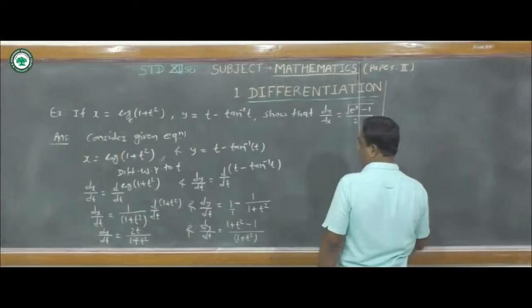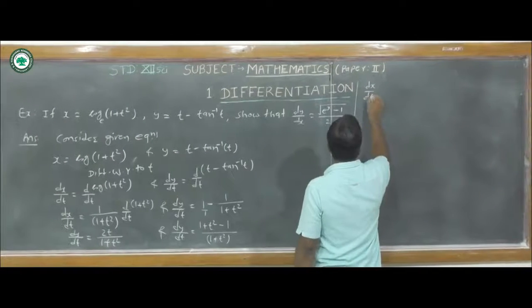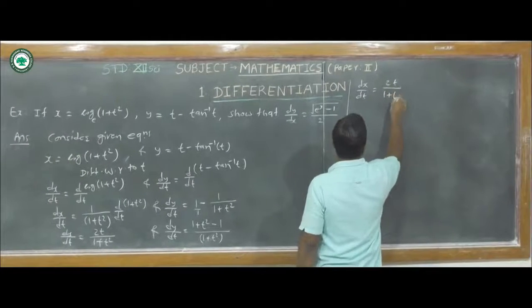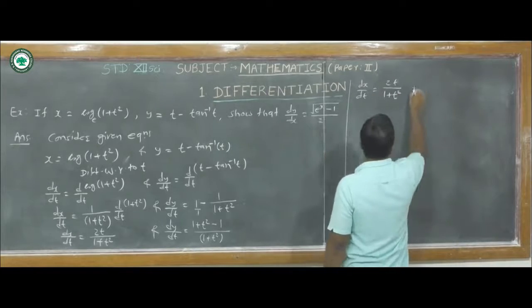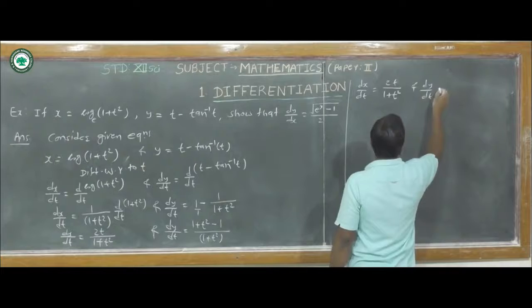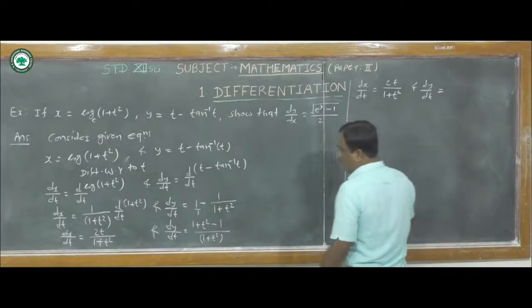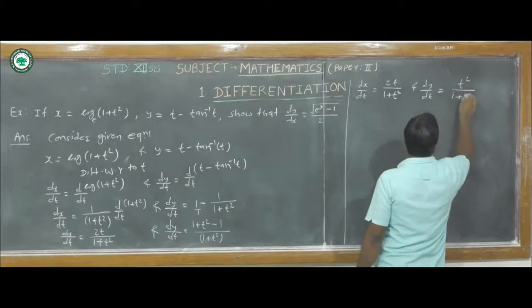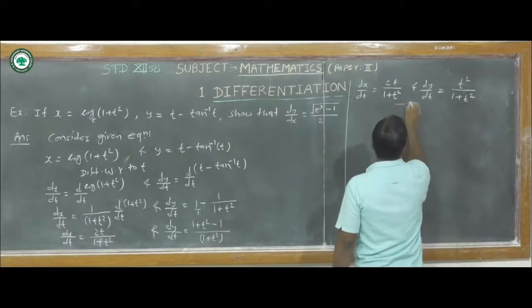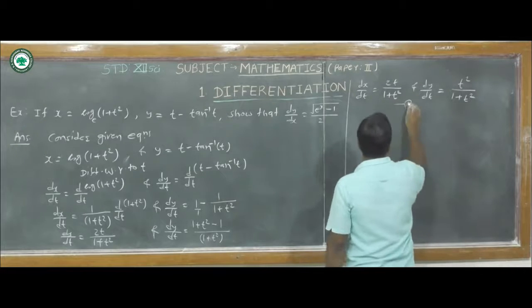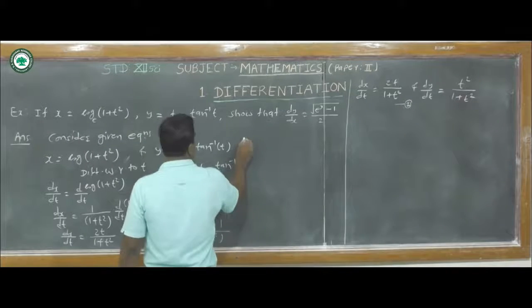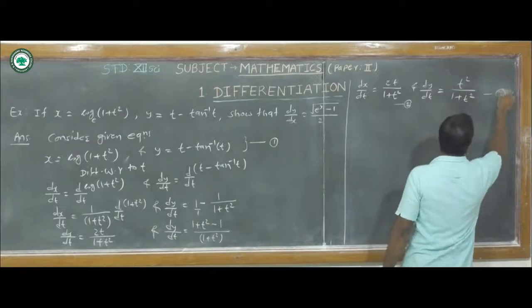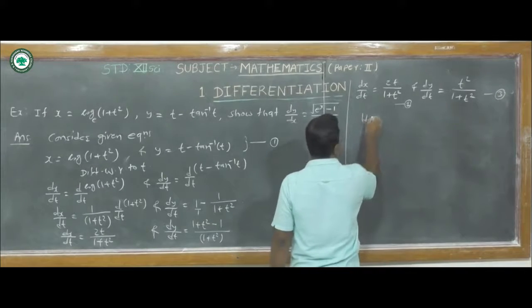That is, dx by dt as it is is 2t upon 1 plus t square, and dy by dt is equal to, here 1 minus 1 cancel, remains only t square upon 1 plus t square. See this as equation number first or second. This is equation first, this is equation second, this is equation number third.